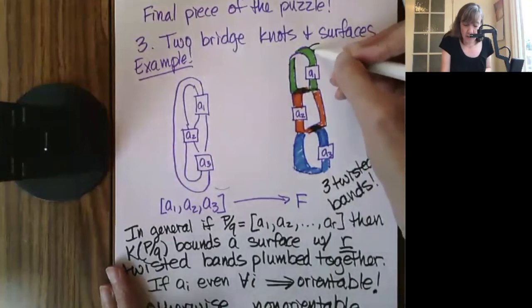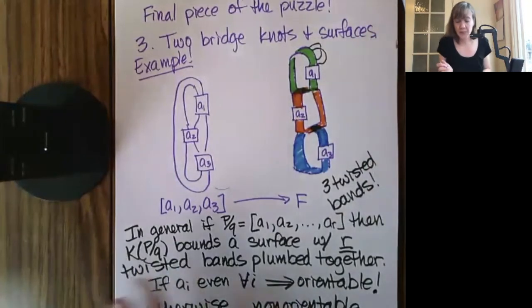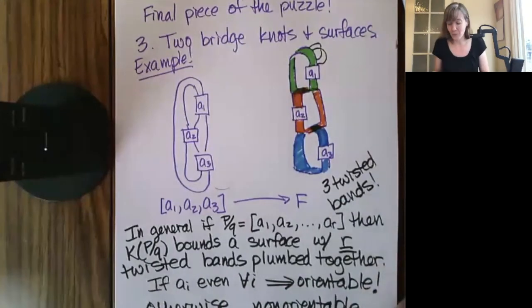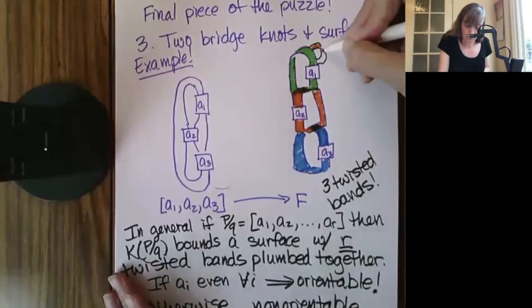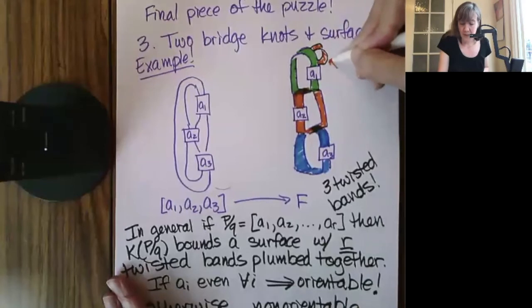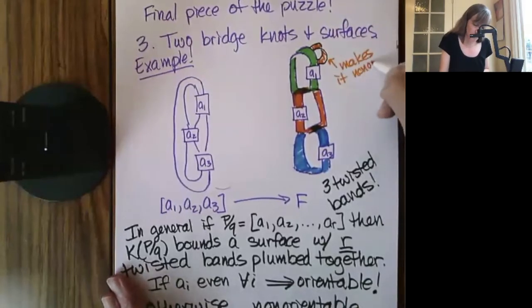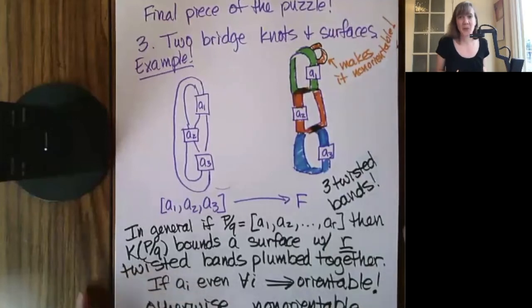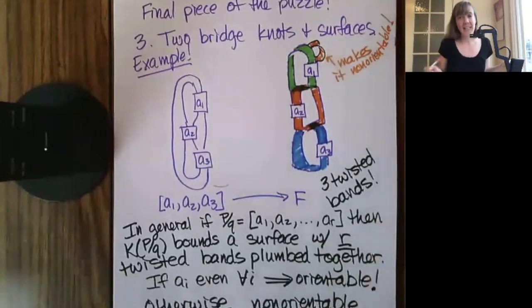If I just add a twisted band like this, it corresponds to doing a Reidemeister 2 move to the knot. So it doesn't change the knot. But this little extra thing makes the surface non-orientable. Okay, so we'll do that a couple times. We'll say if the surface is orientable, we can make it non-orientable by adding a band.